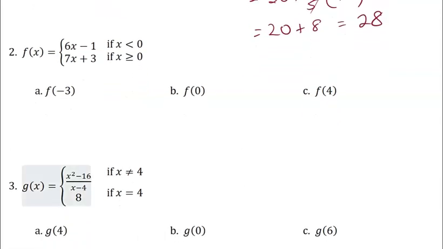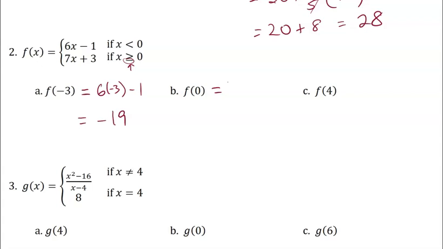Okay, so f of negative 3 is equal to, so negative 3 is less than 0, so I'm using the top one, 6 times negative 3 minus 1, which is negative 18 minus 1, negative 19. Okay, f of 0. Now, f of 0 falls into this domain because this does have the or equal to part of the inequality symbol.